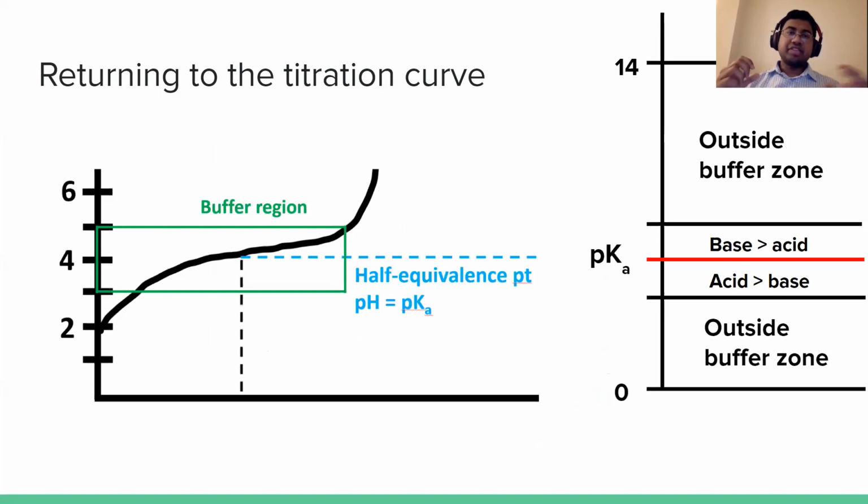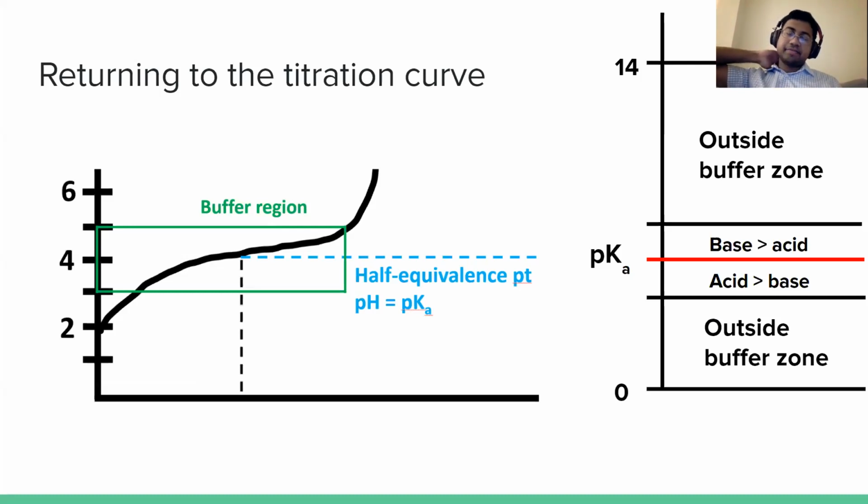So this particular acid and conjugate base would be good for this range of pHs. It wouldn't be a good buffer region for something like pH 8. You'd want to use something else for a pH 8 buffer, because the pKa is 4, which is not near 8. Okay, thank you.